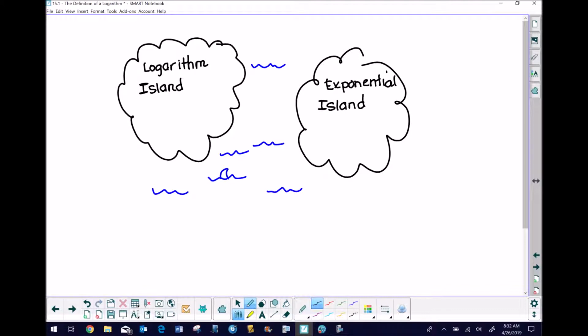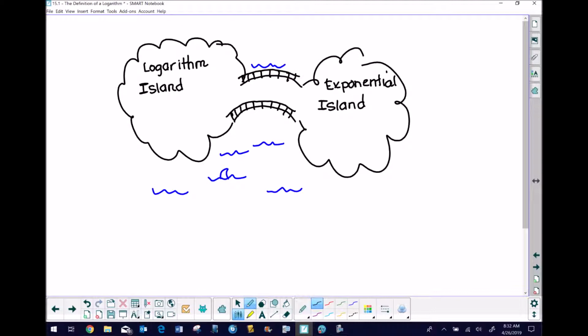That would be expressions that have powers that are x's, variables. But fortunately for us, there happens to be a bridge that connects the two islands, because nobody, and I mean nobody, wants to tread across these shark-infested waters. So we'll go across the bridge.